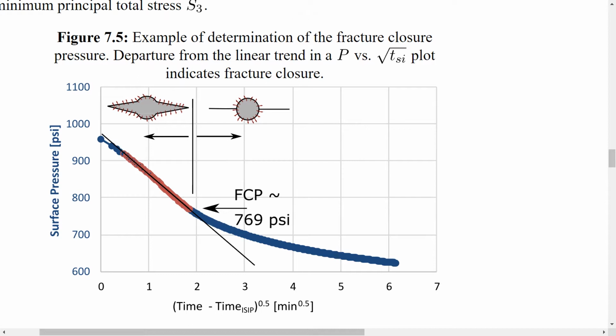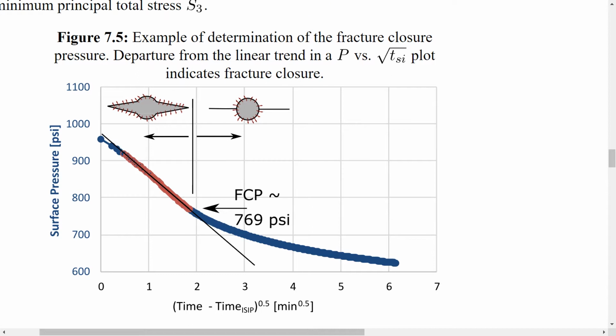In which case, in this one or in this one, do you think the pressure is going to go down more quickly? With the fracture open or with the fracture closed? Why? Because there is more surface to leak, right?